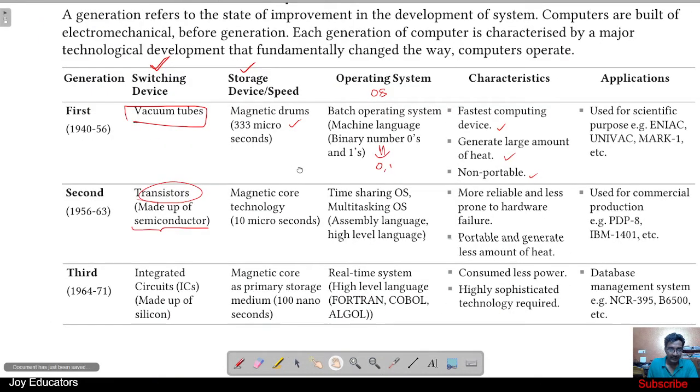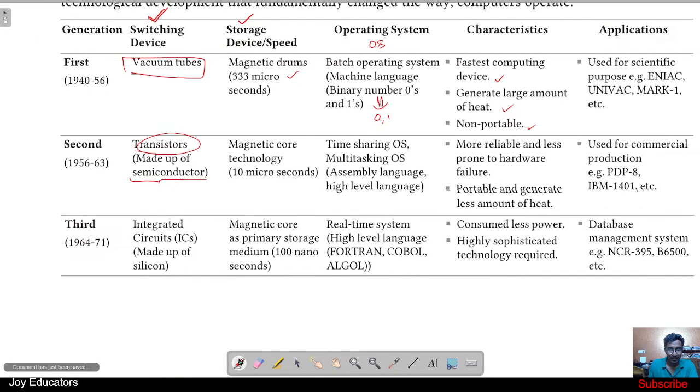Finally, the third generation. After vacuum tubes they started transistors, and from the transistor they started ICs. IC means integrated circuits. Integrated circuits are something like chips. I'll show you a chip in the next class maybe.